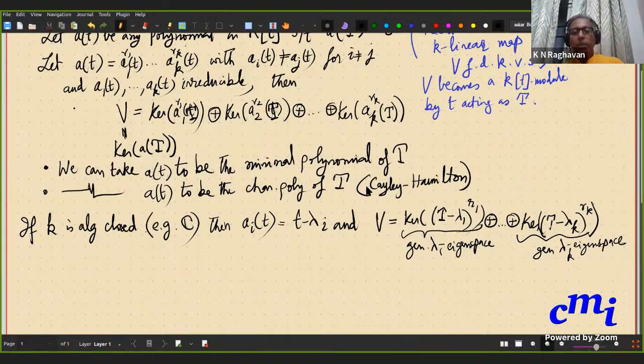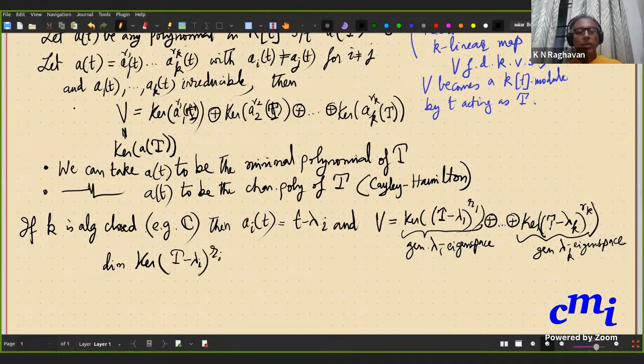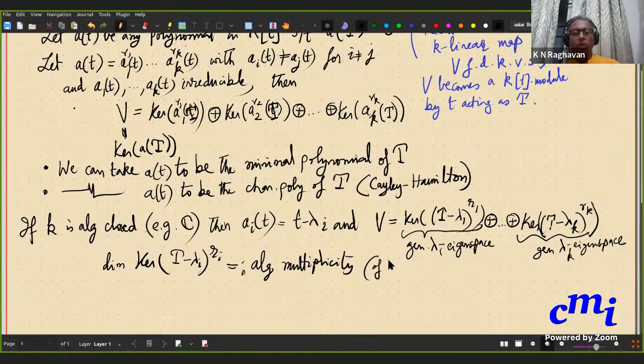And let me also remind you, the dimension of the kernel of T minus lambda i to the Ri is called the algebraic multiplicity. This is the definition of algebraic multiplicity of the pair lambda i with respect to T, if you wish.